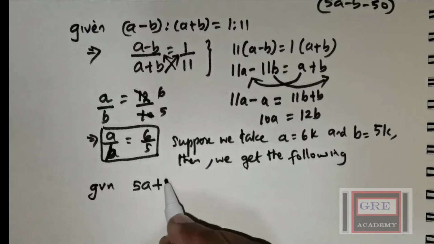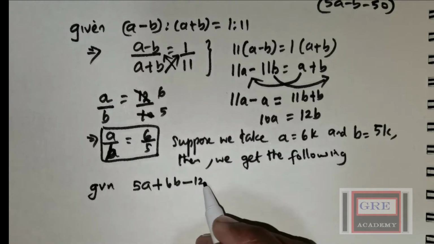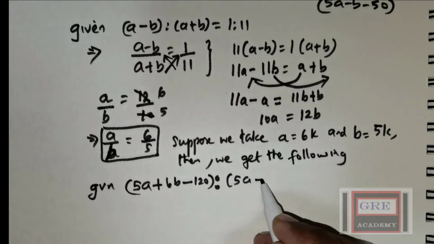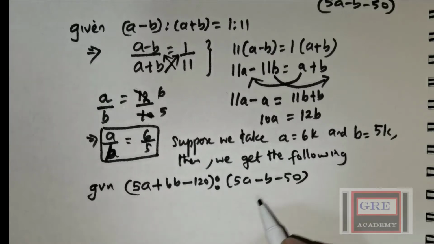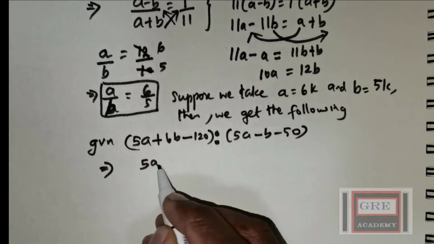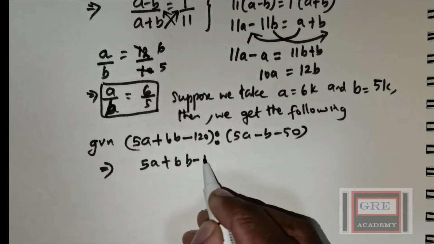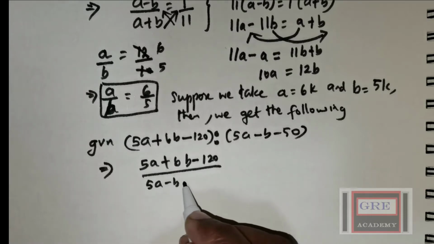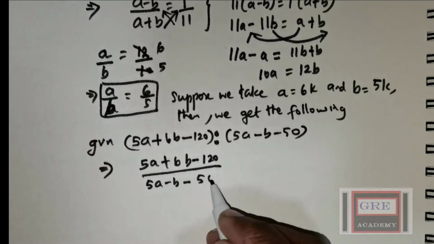We are given (5a + 6b − 120) is to (5a − b − 50). Now this implies (5a + 6b − 120) divided by (5a − b − 50).